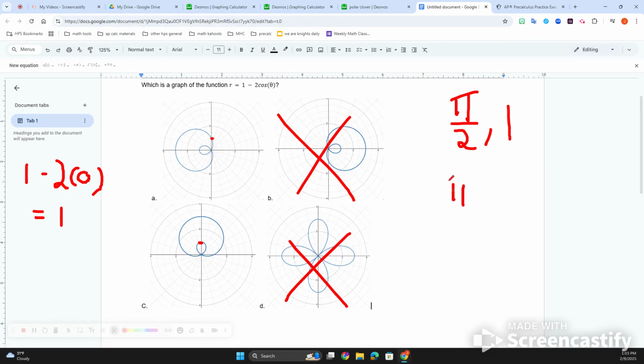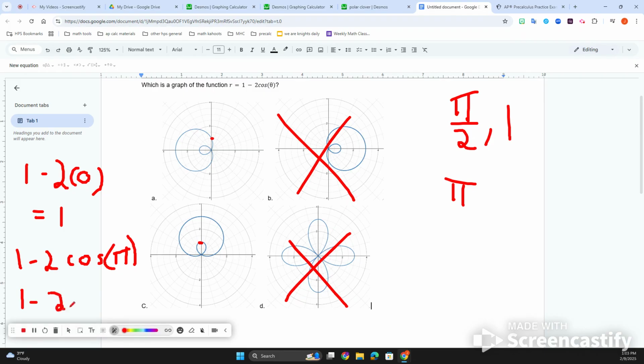Let's go to pi. So 1 minus 2 times cosine of pi. Cosine of pi is negative 1. So this is going to become 1 minus 2 times negative 1, which is 3.